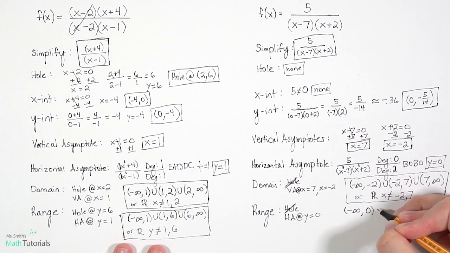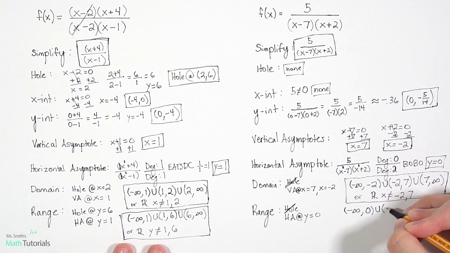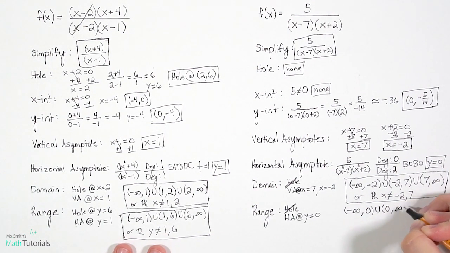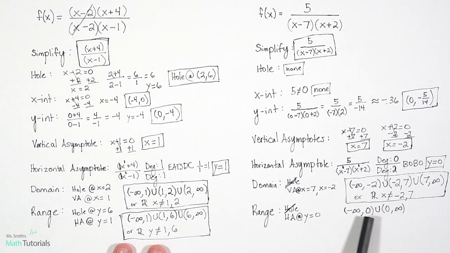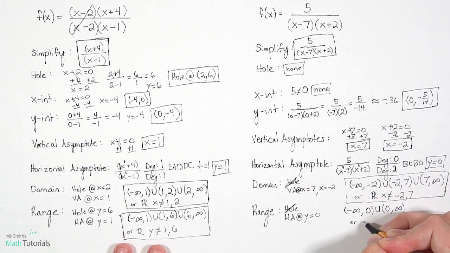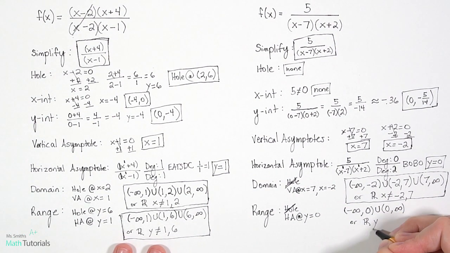We close that out, union from 0 to positive infinity. So we're just saying there's just one gap here from 0. And then other than that, it's all real numbers. So the shorthand way to write it would be our range is all real numbers, but y cannot equal 0.